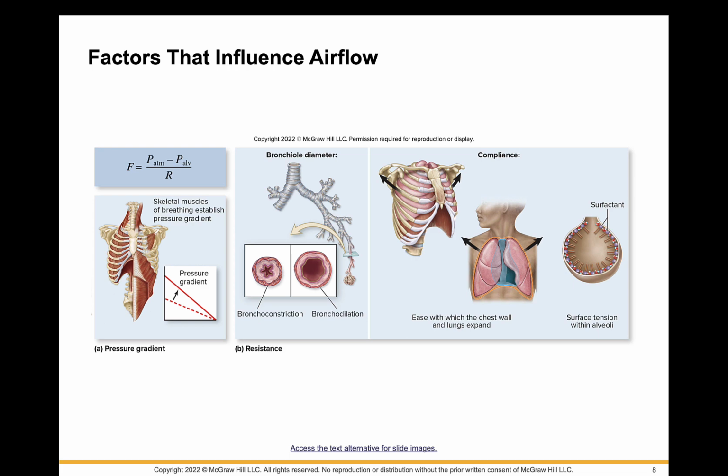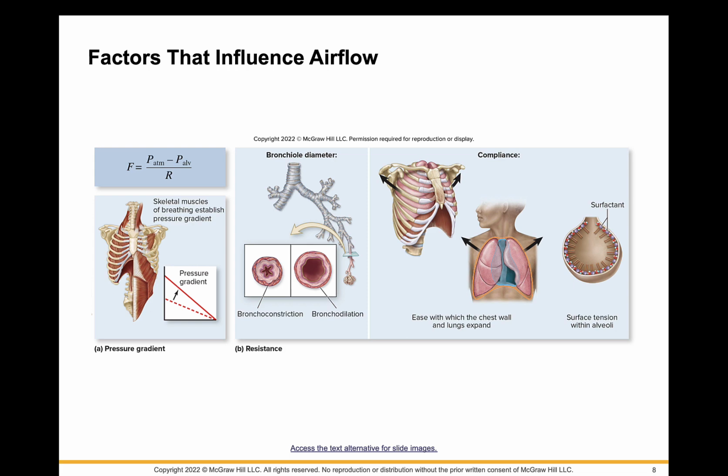So differences in the pressure gradient are going to be created by the contraction of skeletal muscle, creating greater changes in volume of the thoracic cavity. If we look at bronchial diameter, this is reflective of vasoconstriction, vasodilation, except here we're talking about bronchoconstriction and bronchodilation and the impact of the radius or diameter of the lumen of the bronchiole.